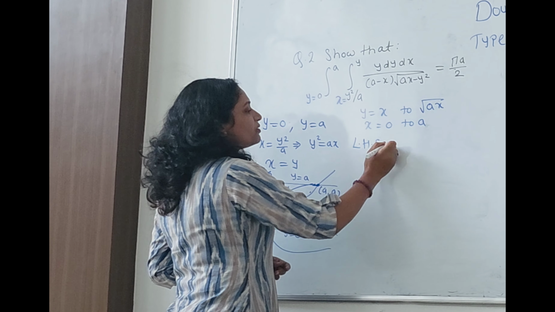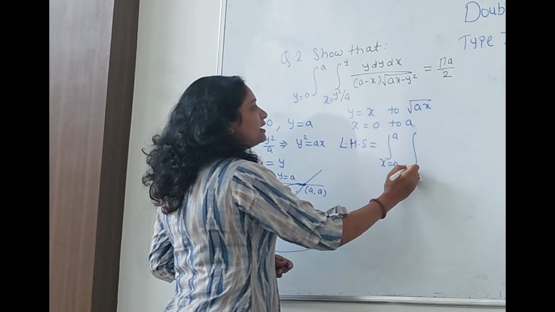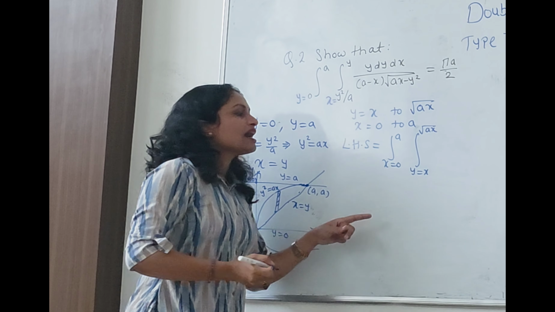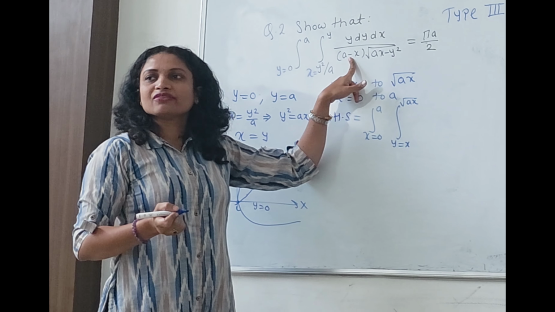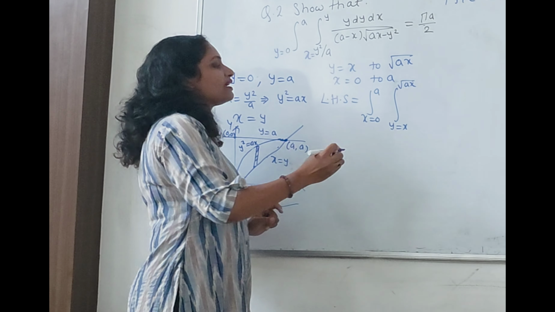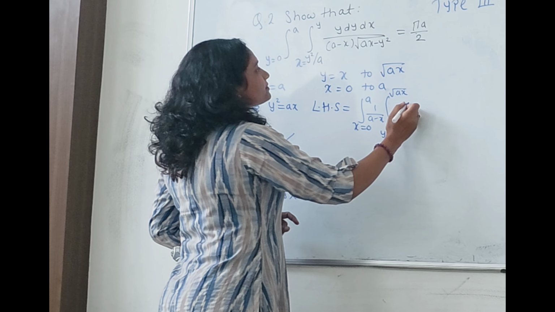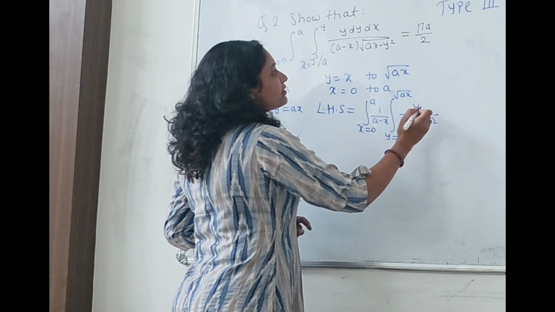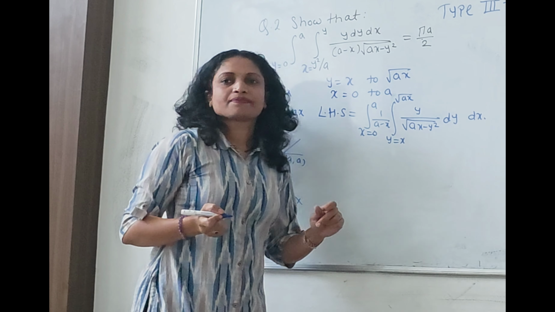So LHS equals the integral x from 0 to a, the integral y from x to root ax. As you are integrating with respect to y first, this a minus x will be constant, so let's write it outside the integration. Here you will have y upon root of ax minus y square dy and then dx.